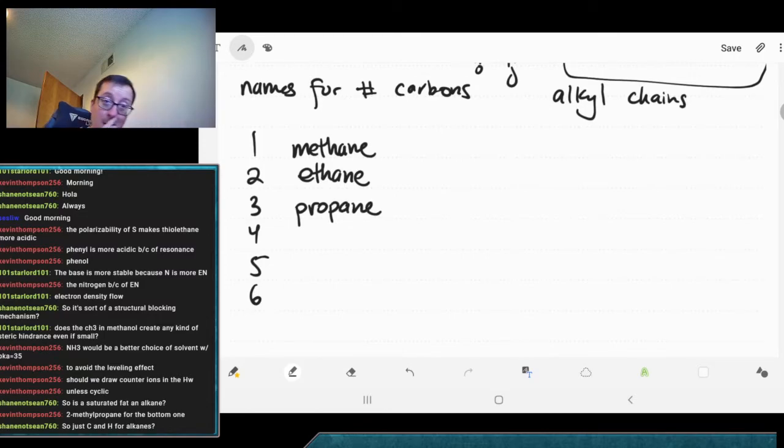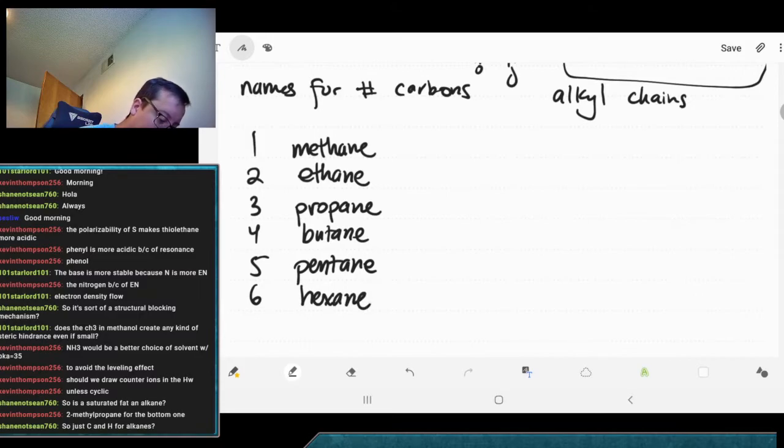The number of carbons tells us the name of the molecule if it's just a straight chain. Butane. And then finally we get into prefixes that we remember. Pentane, hexane, 7, 8, 9, 10. We're going to go all the way to 12.